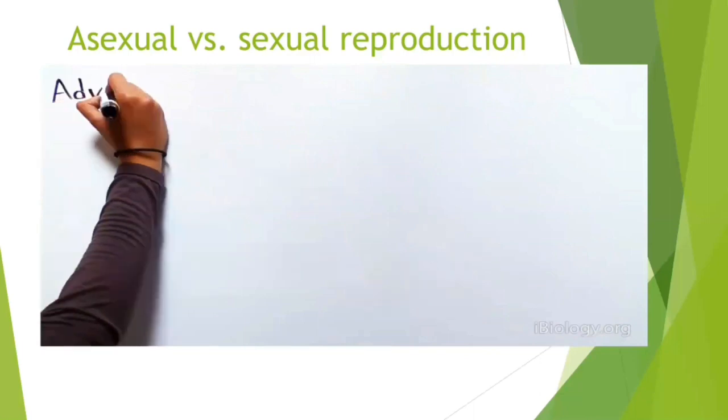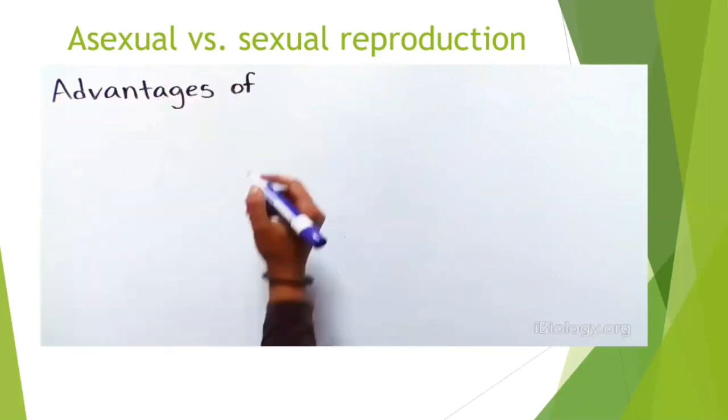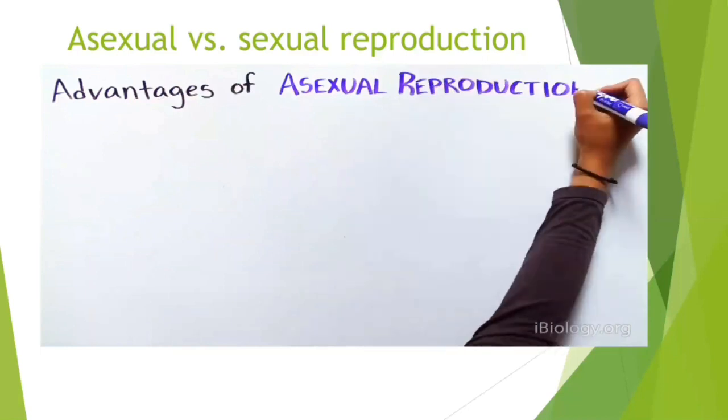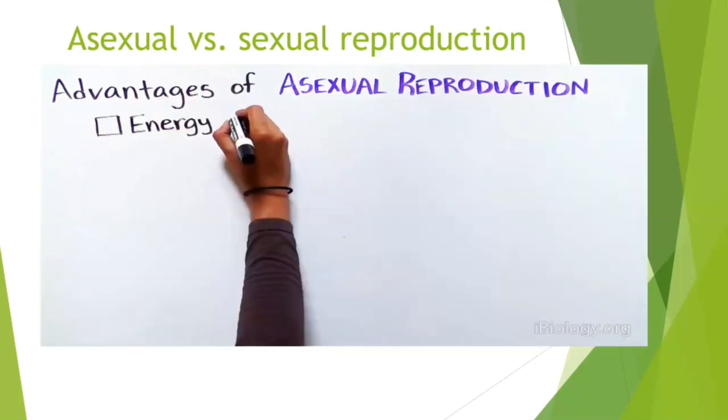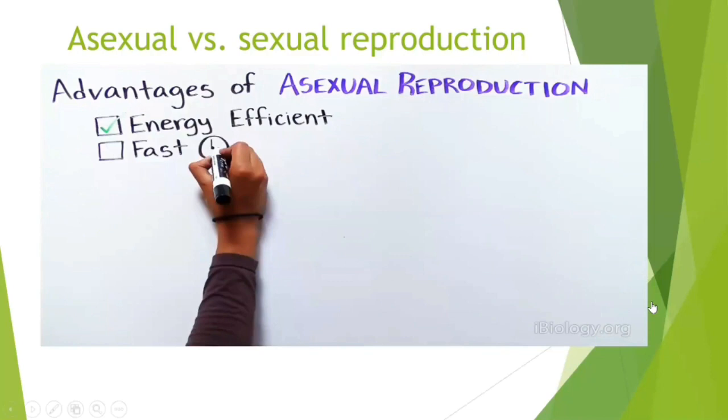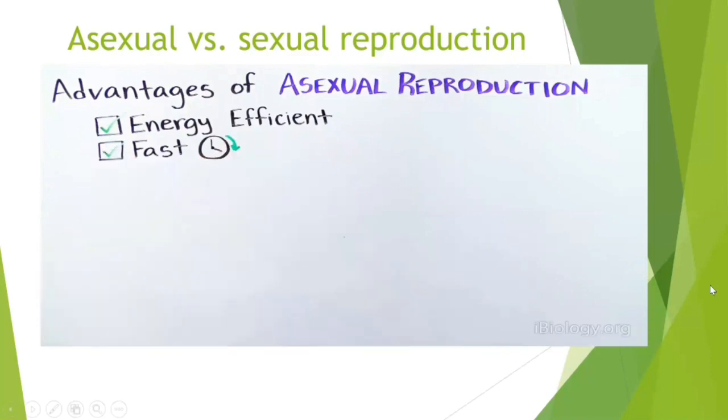While asexual reproduction does not produce genetically distinct offspring, it has important advantages that allow for species survival. One, it is energy efficient and does not require attracting a mate. Two, it is usually fast. Some bacteria can reproduce in as little as 20 minutes.